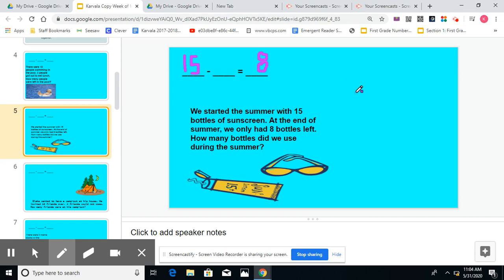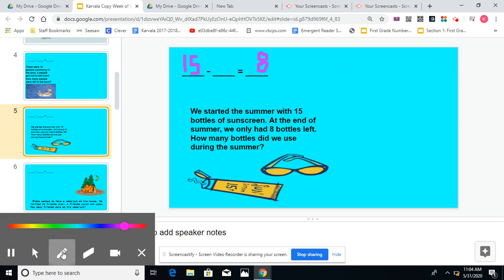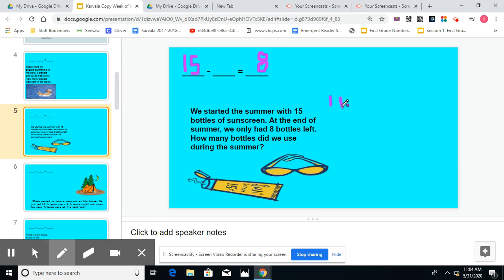So I'm going to go ahead and take my manipulatives and start drawing to help me figure this out. All right, I'm just going to draw 1, 2, 3, 4, 5, 6, 7, 8, excuse me, 9, 10, 11, 12, 13, 14, 15.